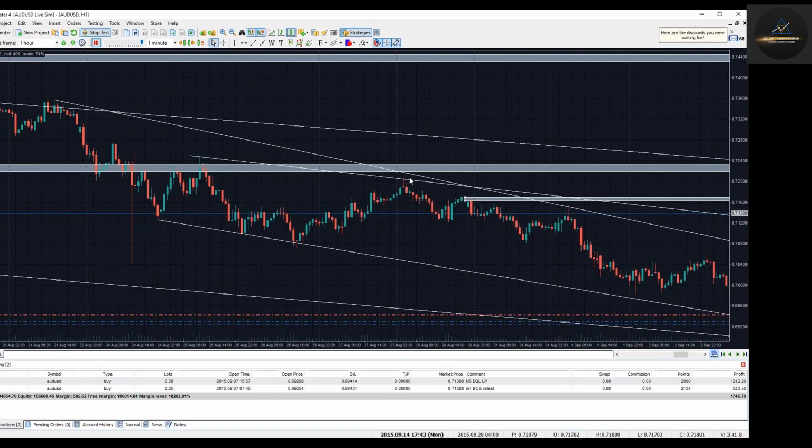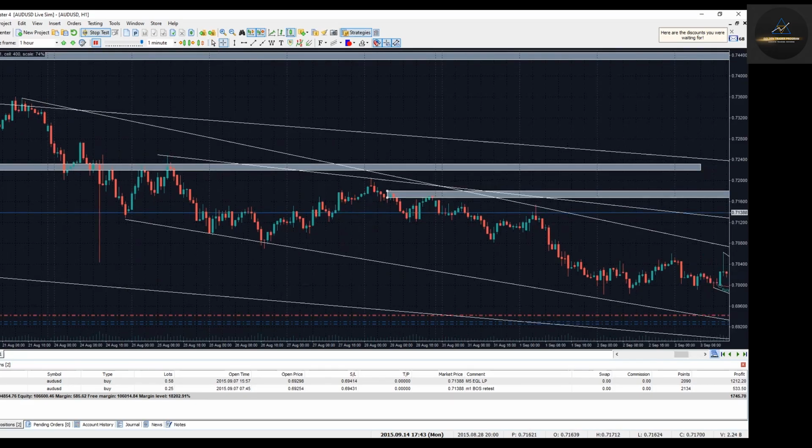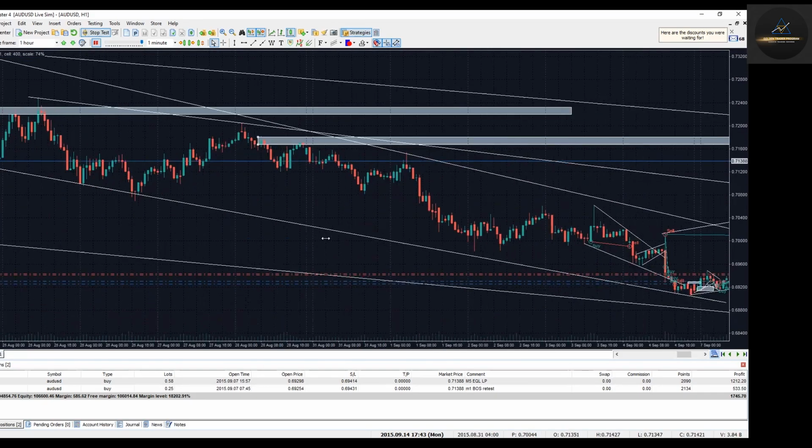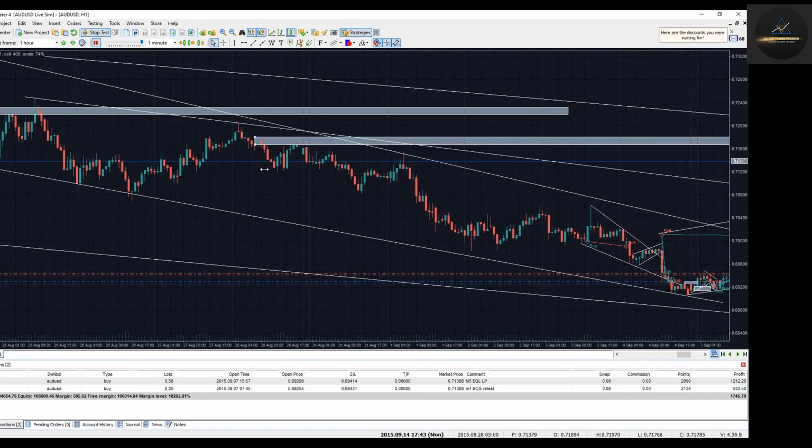Up, up, up, up, up. Down, up. Didn't break it. This is not a strong one. This is a strong one. Up, down. It's been mitigated. It's not a strong one either.